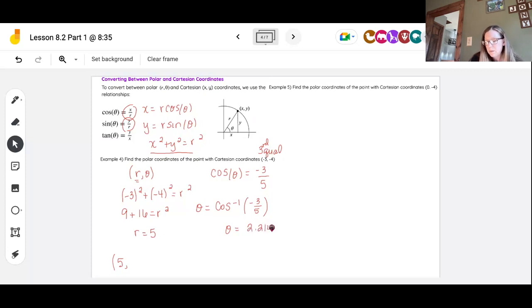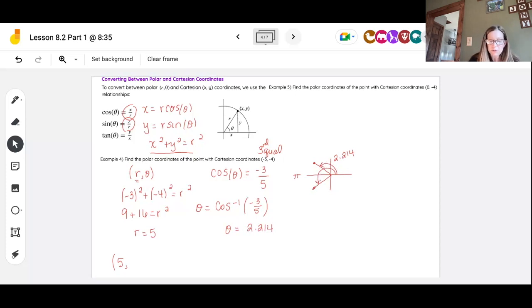2.214. Right, but if I'm thinking about what this looks like, 2.214 is in the second quadrant, right? Because here's pi, so there's 3.14, so we're just shy of pi. I need to be in the third quadrant, which is fine because I also know that cosine can be negative in the third quadrant as well. So I want to find the theta value for the one we're looking for.